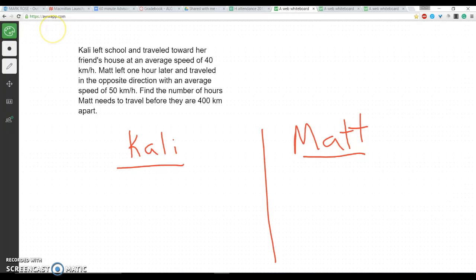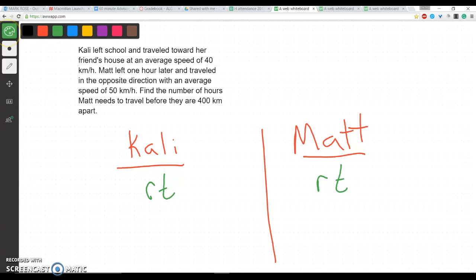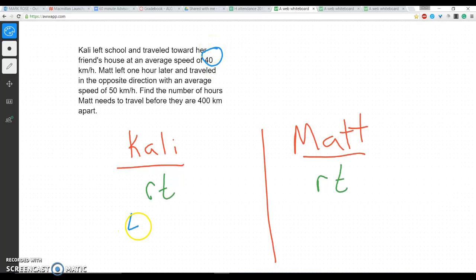So let me just put that in. We're going to try to find the RT for this person and the RT for this person, and we'll figure out how the distance relates to all this. When I read through, it looks like Callie is going 40, so I'll put that in, and Matt is going 50, so I'll put that in.